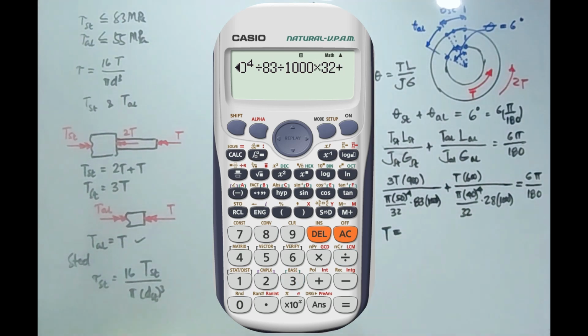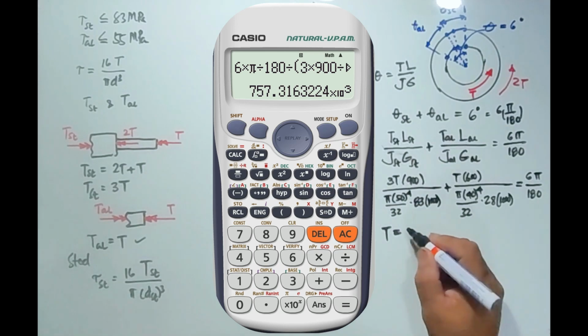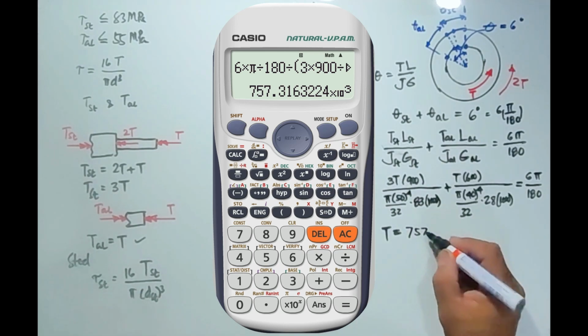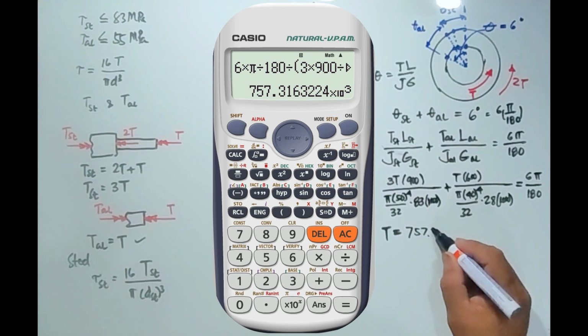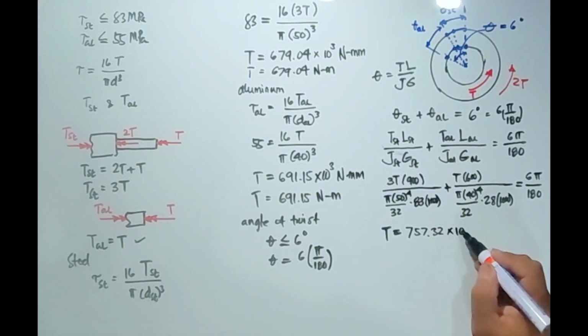So that's for the first term, plus the second term, 600 divided by pi divided by 40 to the 4th power divided by 28 divided by 1000 times 32, close parenthesis, equals 757.32 times 10 to the power of 3.